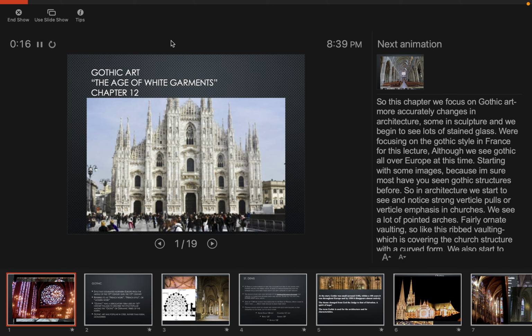So in this chapter, we focus on Gothic art, more accurately, changes in architecture, some in sculpture, and we begin to see lots of stained glass. The way I like to think of it, stained glass is an evolution from the mosaics that we saw a couple chapters back.